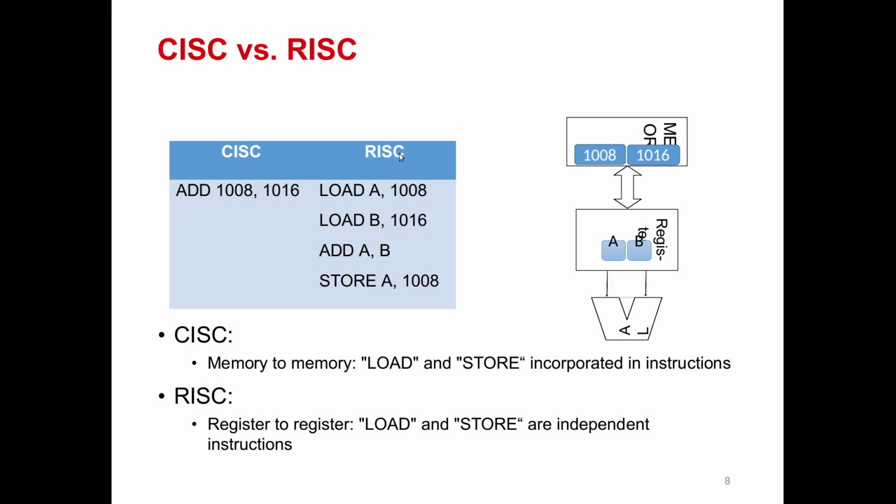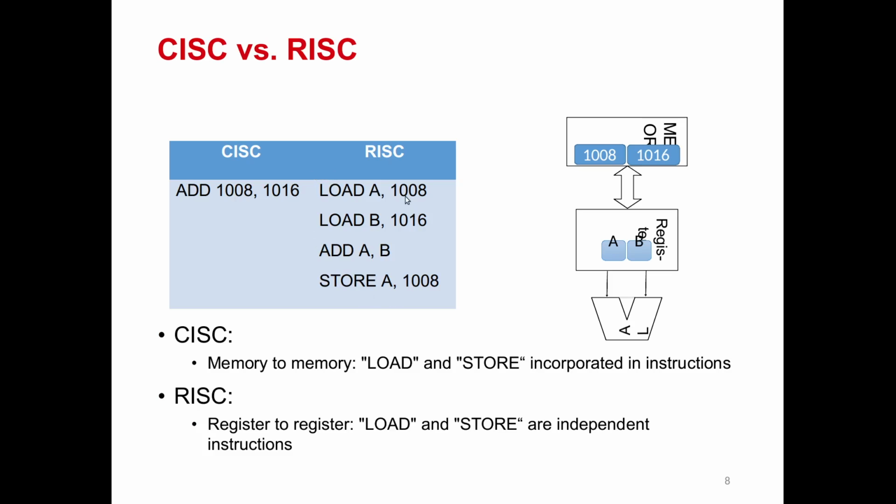This instruction will load two data from memory into registers and then transfer them into the ALU, and after the ALU executes, the addition result will be written back to memory. So you can do all that in a single instruction.